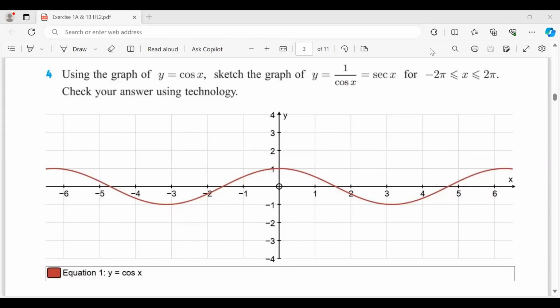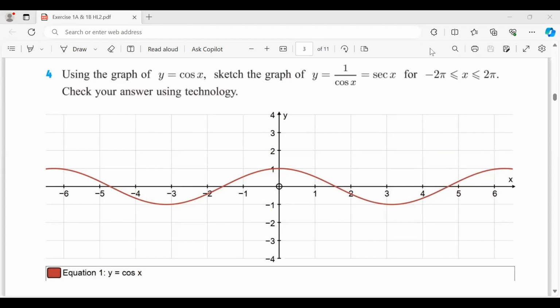Number 4, using the graph of y equals cosine x, sketch the graph of y equals 1 over cosine x equals secant x for the interval x from negative 2 pi until 2 pi. Check your answer using technology. Right.